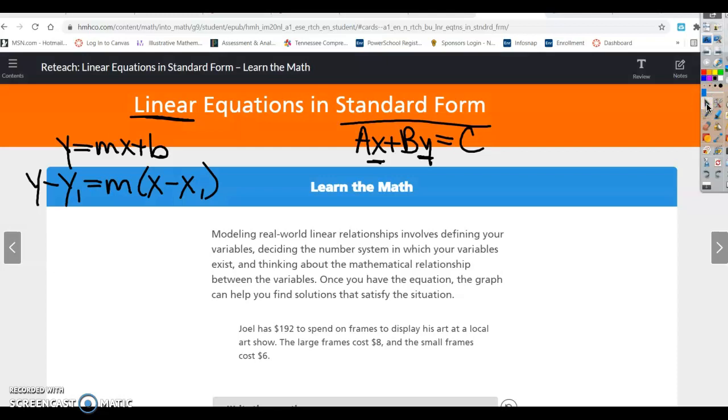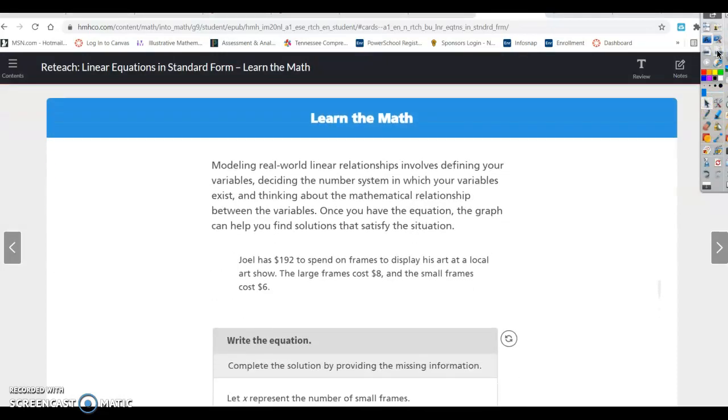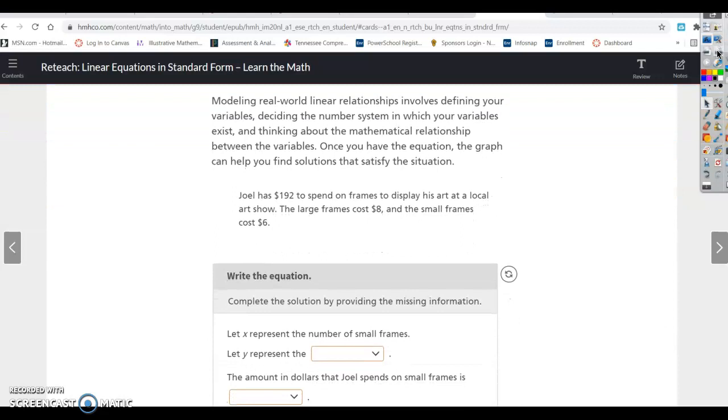Alright, so let's see what we're going to learn today. Modeling real-world linear relationships involves defining your variables, deciding the number system in which your variables exist, and thinking about the mathematical relationship between the variables. Once you have the equation, the graph can help you find solutions that satisfy the situation.